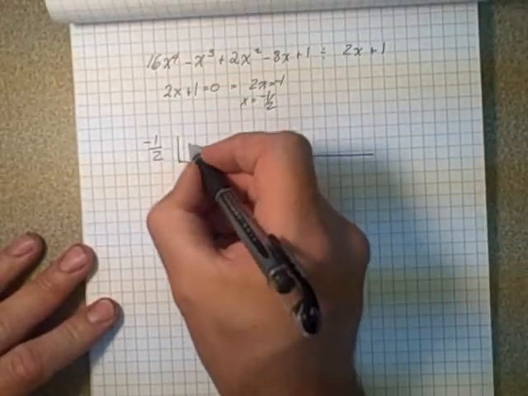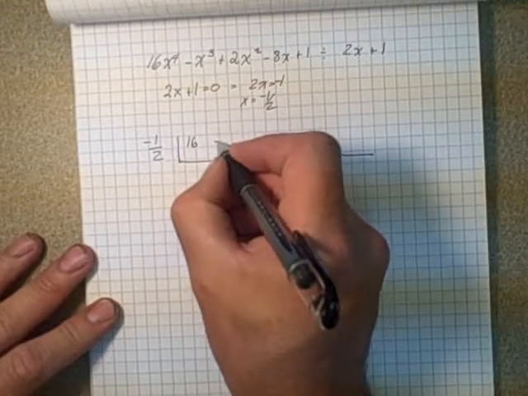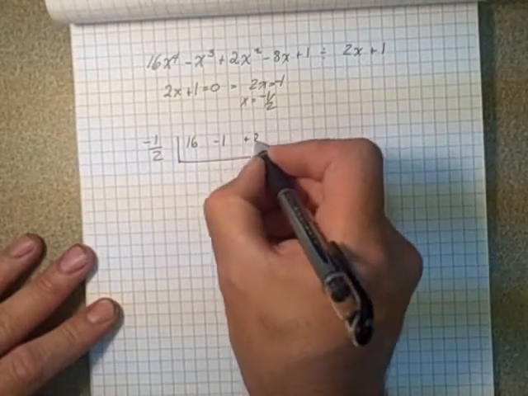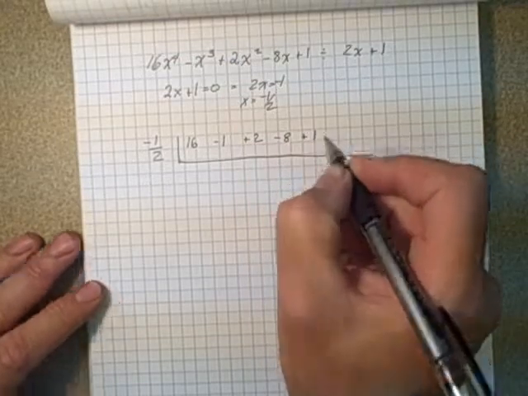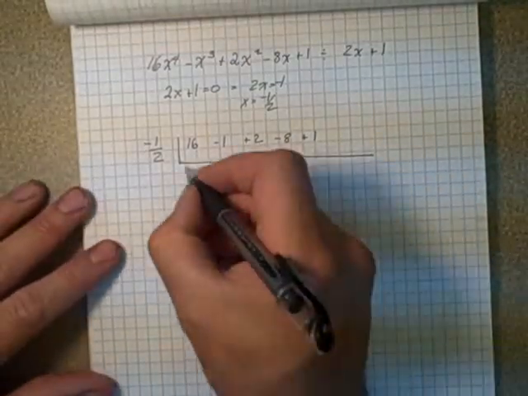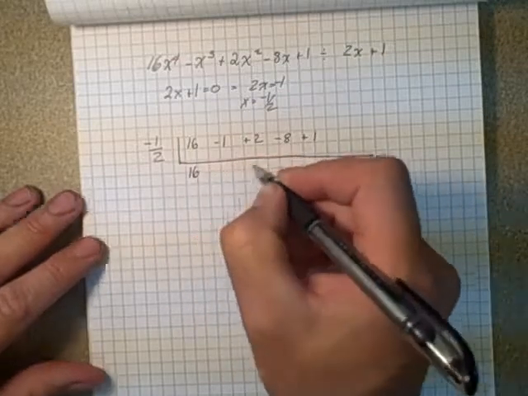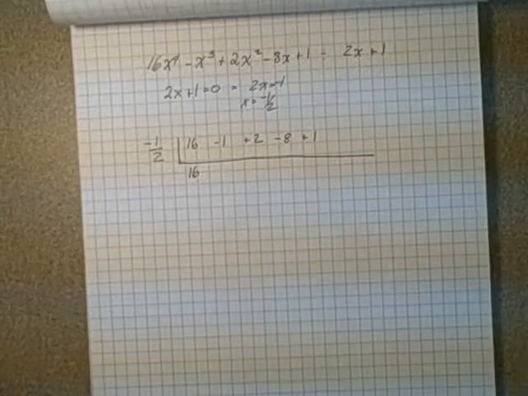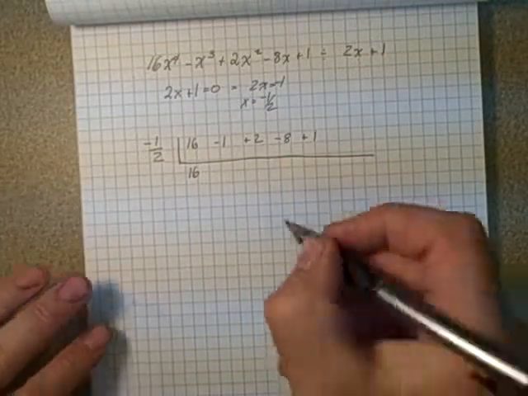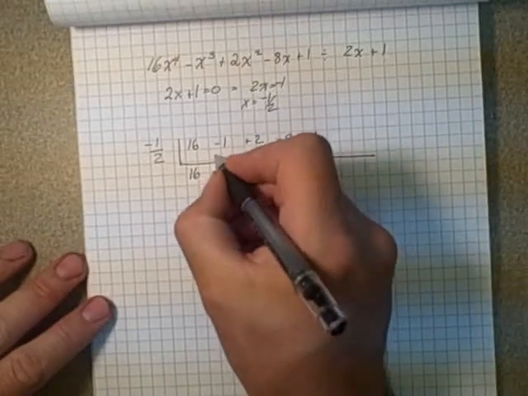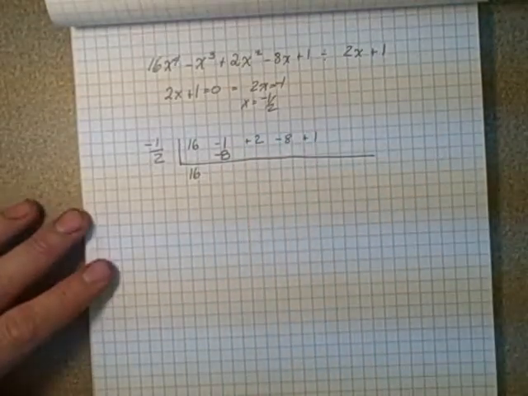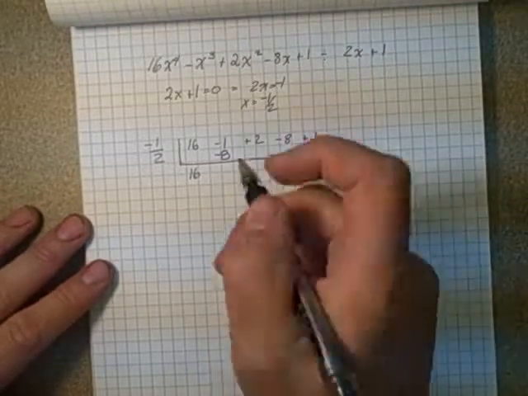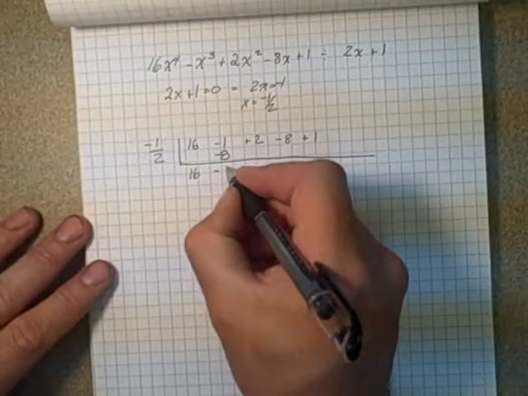And then I put in the terms 16, negative 1, positive 2, negative 8, and positive 1. So then I start with 16. Bring it down. So negative half times 16 is negative 8. Negative 8 plus negative 1 is negative 9.